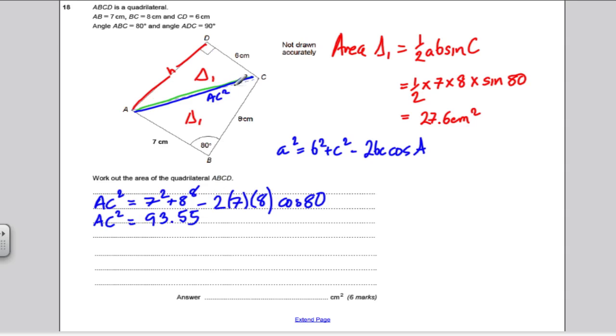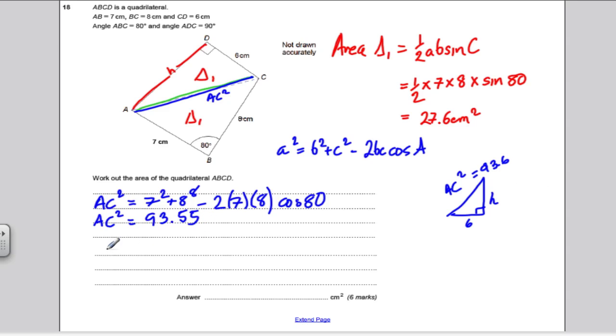So if we want to work out h, we can use Pythagoras' theorem because we've got a right angled triangle here. I'll just redraw it out for you. We know that side is 6. We don't know that side h, but we know that AC squared, this side squared, is 93.55.